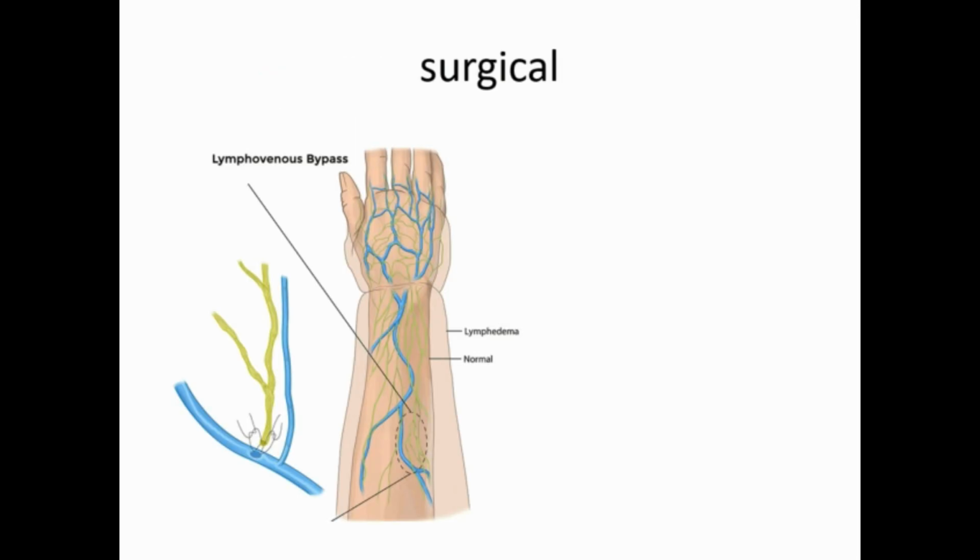In the surgical, before going to surgical, we will discuss the medical treatment. We use benzopyrones, which contain coumarin and flavonoids, to decrease the formation of lymph. In the surgical treatment, we use lymphovenous bypass, so that lymph will directly drain into the vein before going through the lymph node.